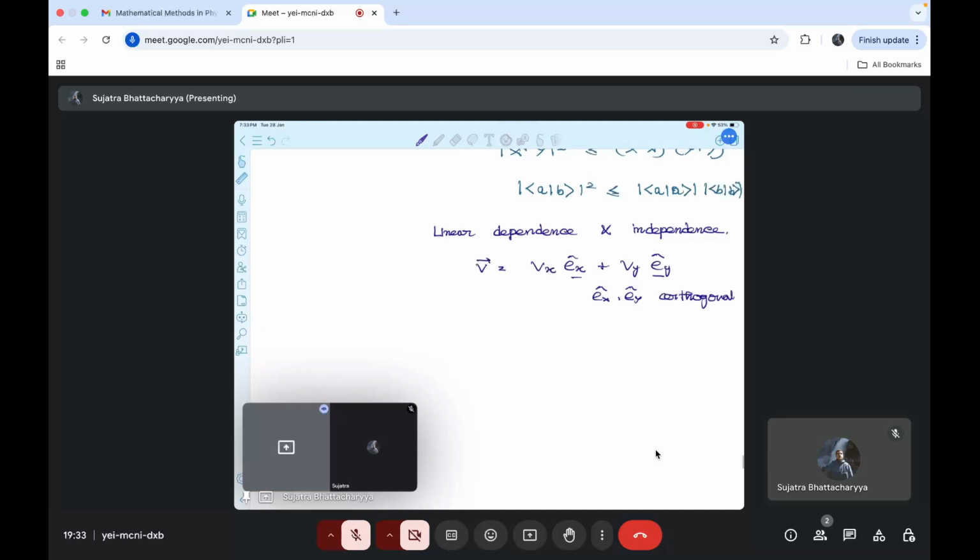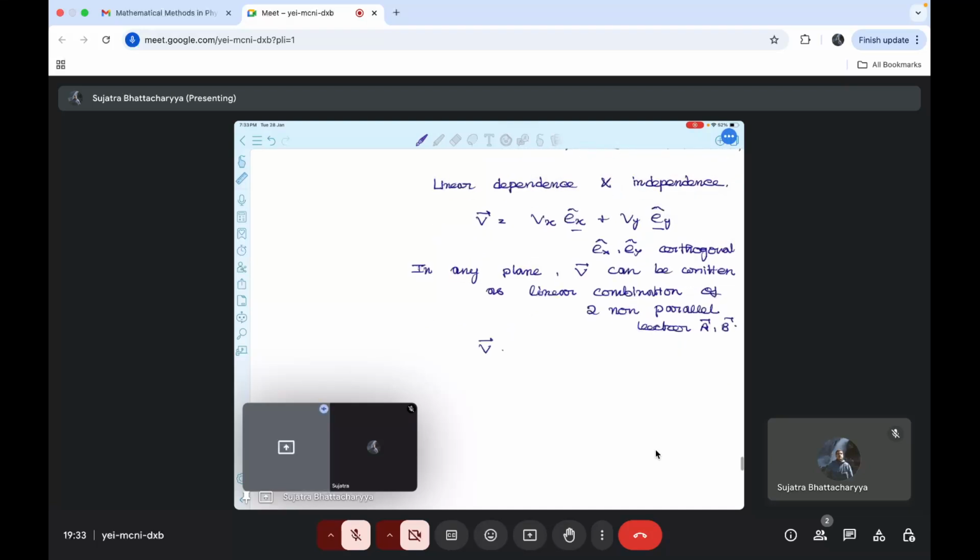Now in any plane, this vector v can be written as a linear combination of two non-parallel vectors a and b. So your v is nothing but v1 times a plus v2 times b.